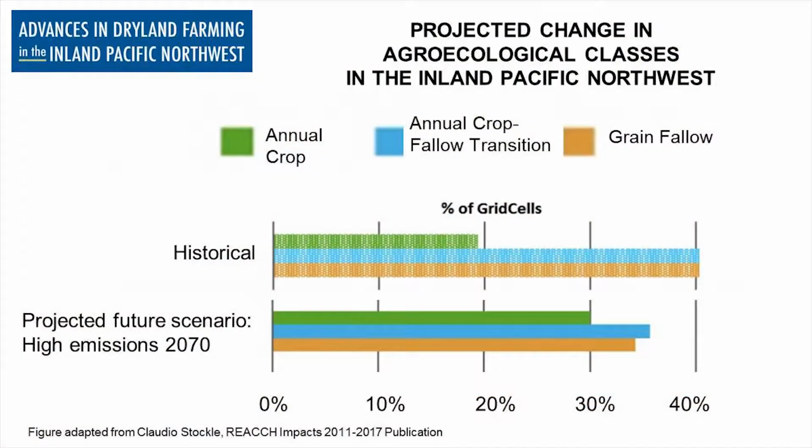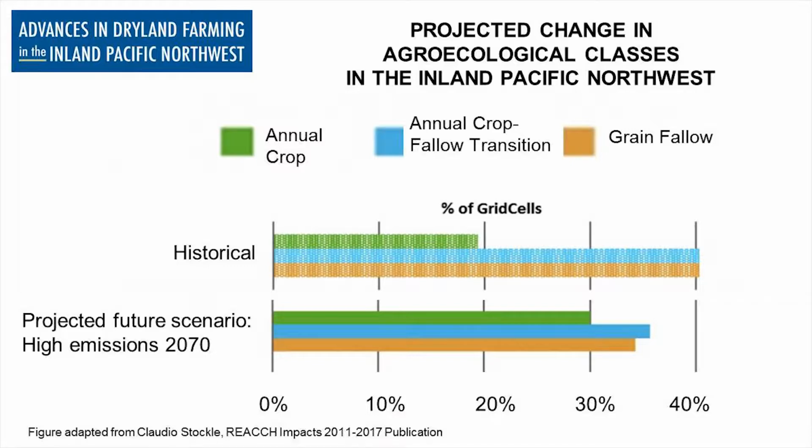So this agroecological class framework makes it possible to predict changes in classes caused by projected shifts in climates, markets, and management practices. For example, REACH researchers have projected that we'll see increased water use efficiency and wheat productivity occurring through most of the century in the inland Pacific Northwest.